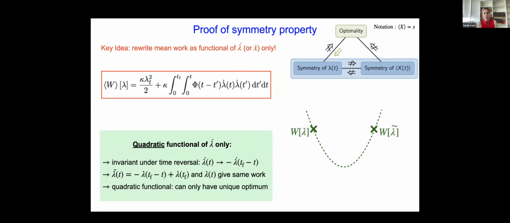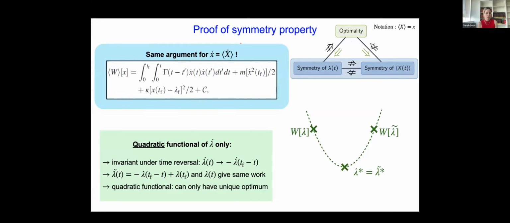And that has immediate implications. So first of all, because it's quadratic, it's invariant under time reversal. So for any protocol, the work of that protocol and the time reversed image of that protocol are identical. But because it's a quadratic functional, it can only have one unique optimum. And that means that the optimal solution itself needs to obey the time reversal symmetry property.